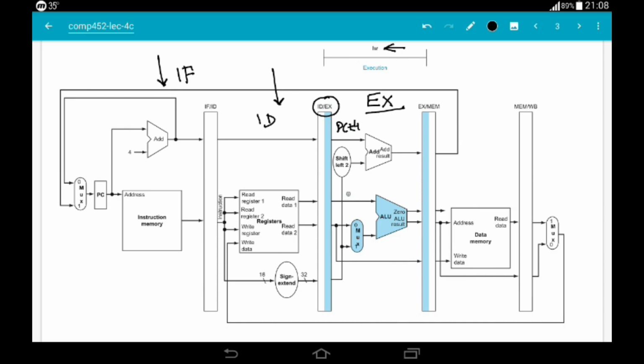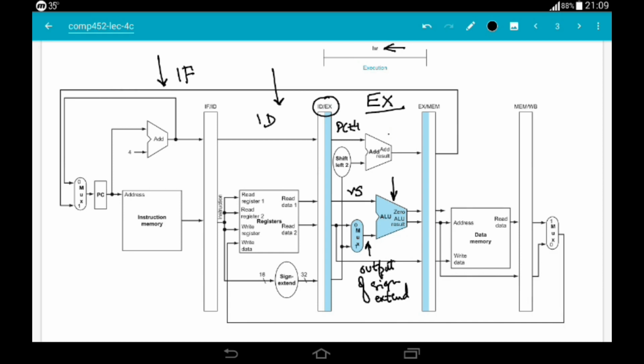This RS register value is read here. The output of the sign extender is read here. And this ALU is being used to calculate the memory address from where the word is to be loaded, or from where the word is to be read.